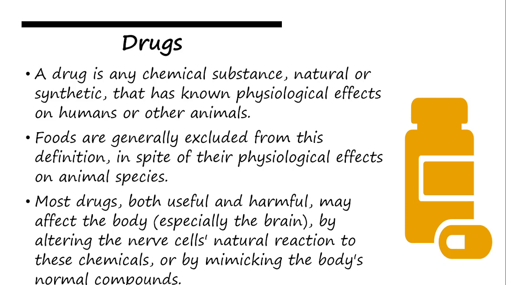Now, most drugs are both useful and harmful, and may affect the body, especially the brain. Here we see how drugs can affect the nervous system or nervous coordination by altering the nerve cells' natural reaction to chemicals, or by mimicking the body's normal compounds. So drugs can affect the normal functioning of the nervous system, specifically the brain, whereby they alter some of the nerve cells' natural reactions to these chemicals.